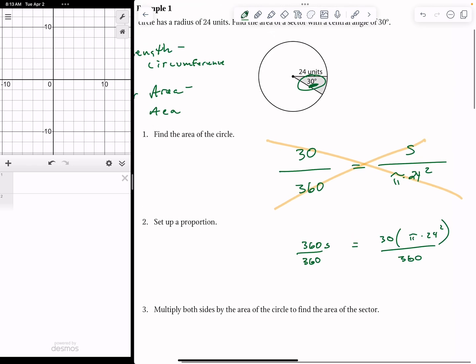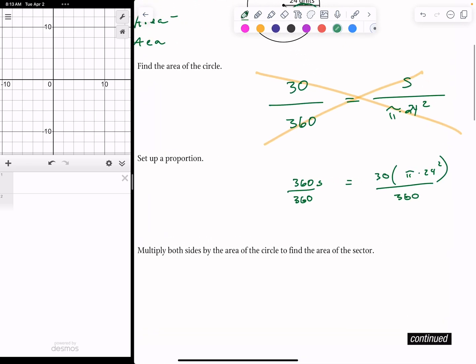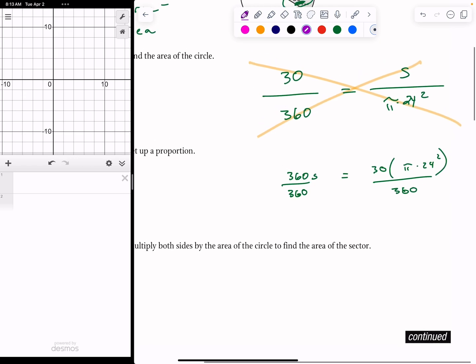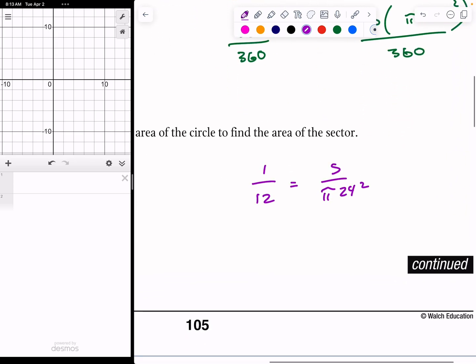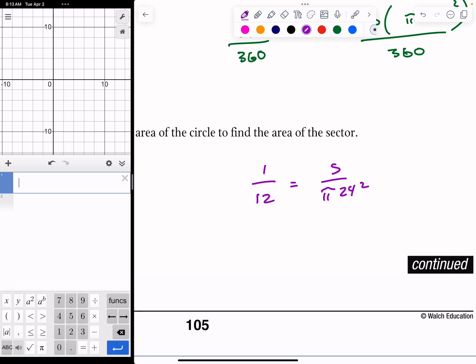Let me also show you this. Some of you might pick up on this, especially depending on what the fraction is. 30 over 360 is 1 over 12. You could simplify that: 1 over 12 equals S over pi 24 squared. On the calculator, pi 24 squared divided by 12.